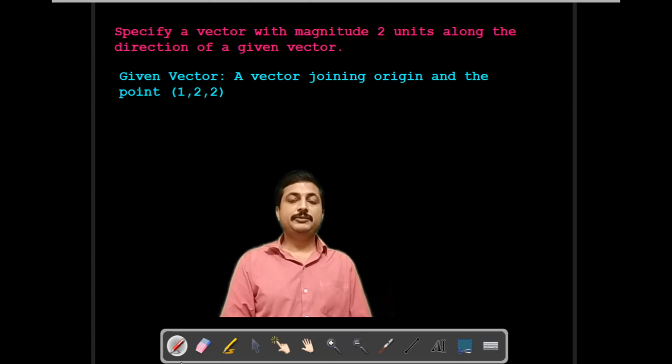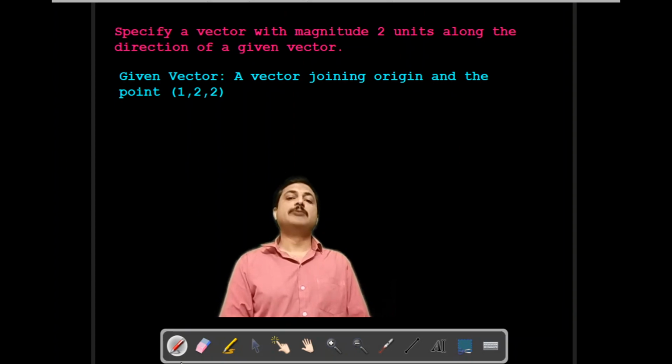There are a lot of applications in electromagnetics where we need to apply this. But to find that, you should know the magnitude of the new vector which we are going to find.